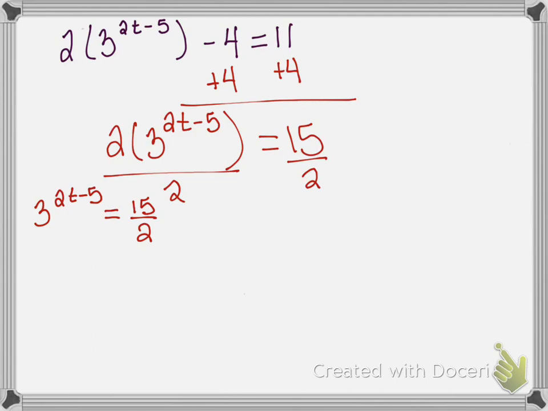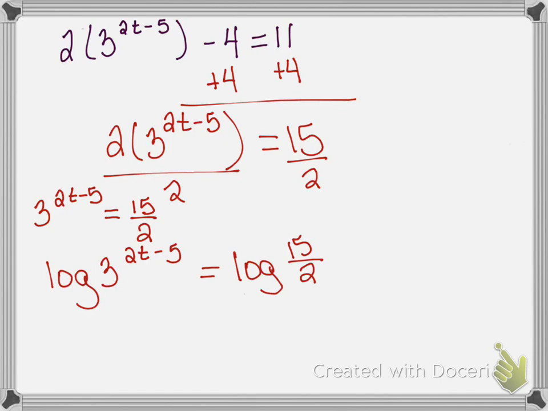So I have to take the log of both sides. I'm going to take log because there's no e in this. If there was an e, I would take the natural log. But there's no e, so I'm just going to take the log. So I have log of 3 raised to the power of 2t minus 5 equals the log of 15 over 2.